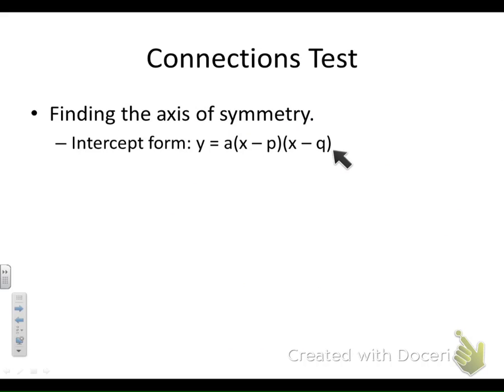So now let's try, what if it was in intercept form? In intercept form, finding the axis of symmetry. To find your x-intercepts, it's always going to be the opposite of P and Q. In order to find my axis of symmetry, it's exactly between your x-intercepts.